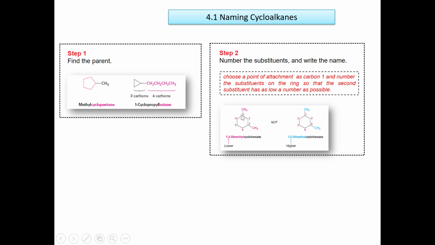We start counting here in 1 substituent, 1, 2, 3. However, if we count the opposite way, we can have 1, 3, 5. Which is lower? Of course, this will be the right numeration. That means that this will be 1,3-dimethylcyclohexane.